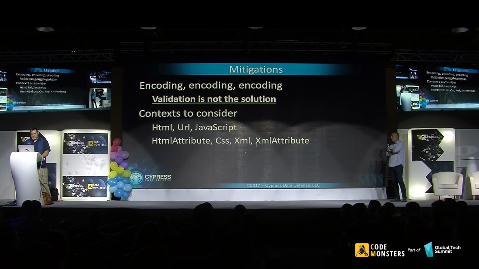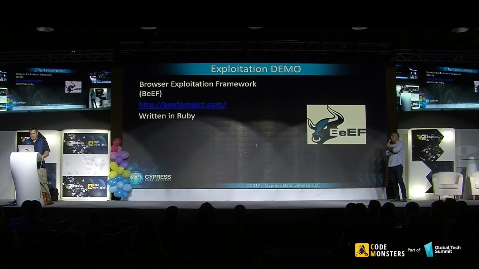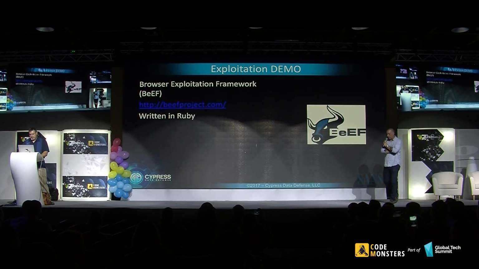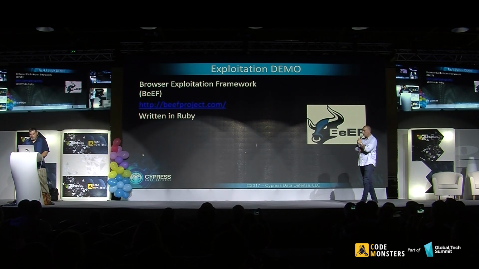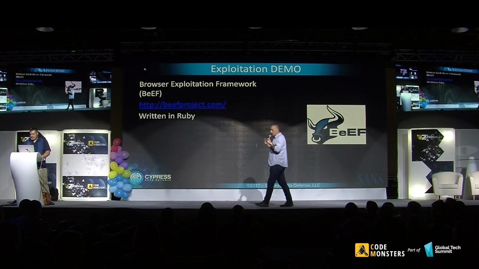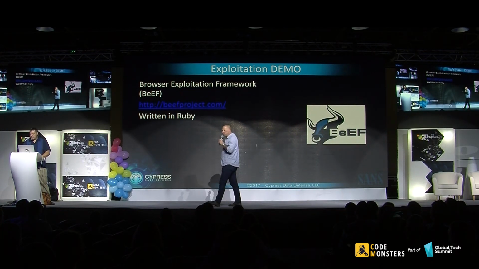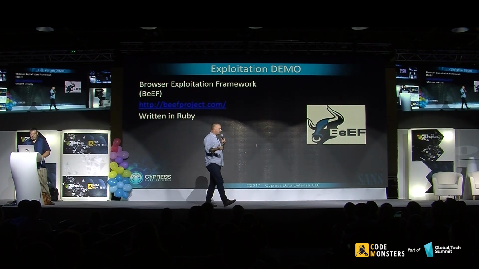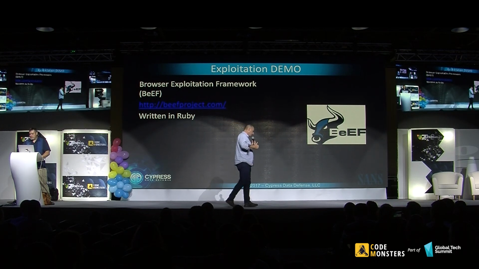So, I'm going to get back over there. We're going to be running a tool. It's called BeEF. It's the Browser Exploitation Framework. And the reason we run this tool is that XSS is what we call a gateway vulnerability. One, it's almost everywhere. It's pretty rare for us to review an application and not find cross-site scripting vulnerabilities.